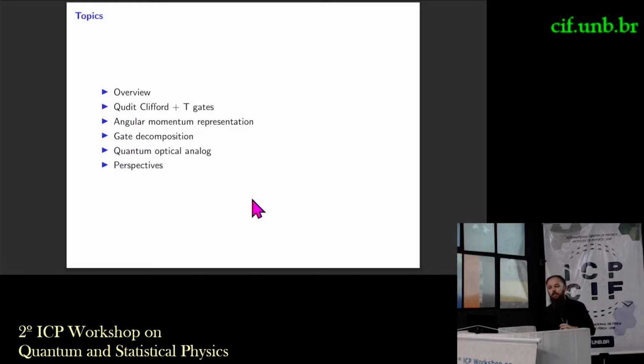Then I will talk about the angular momentum representation that I want to do here, which is the work here. And if I have time, I will talk about gate decompositions and the quantum optics analog, and give some future perspectives for this work.